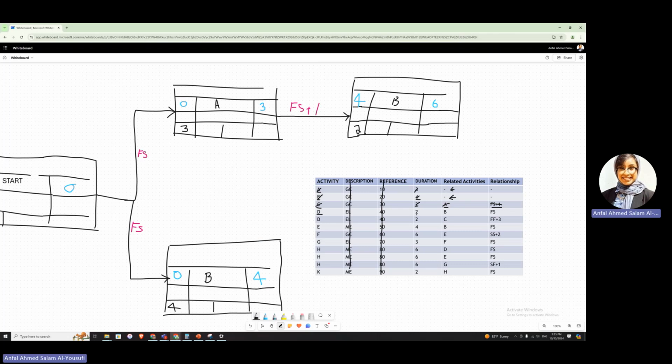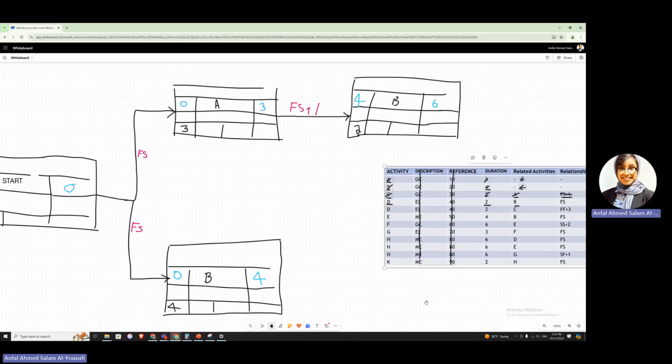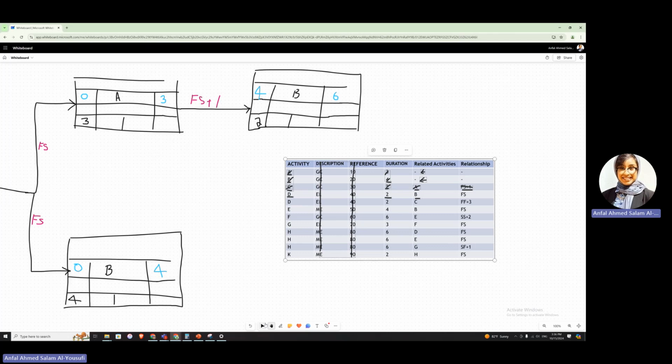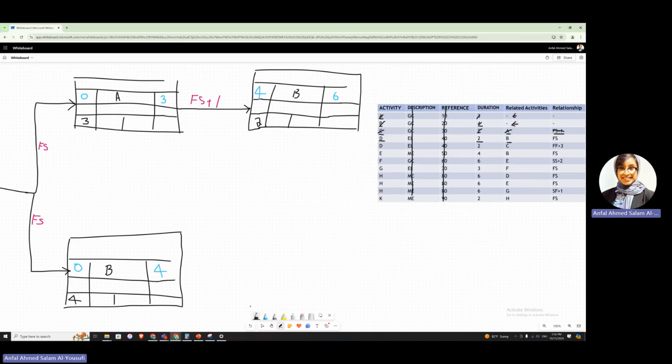Let's do D. For D, the duration is 2 and the related activity is B. So let's draw D somewhere close here.